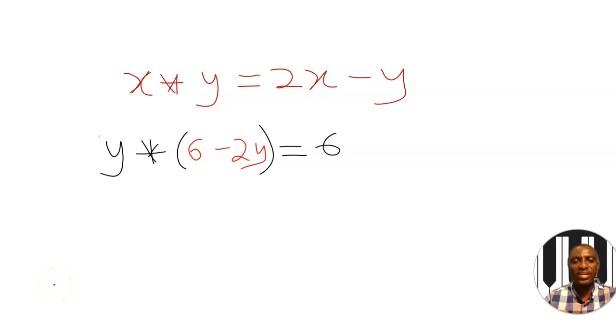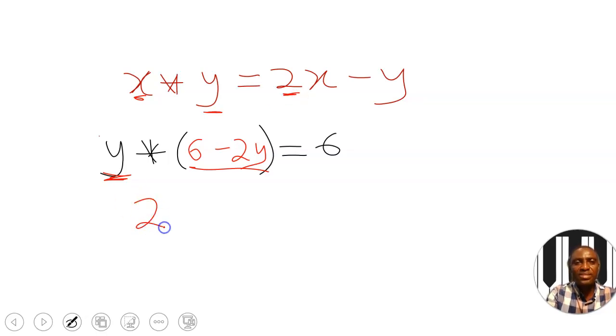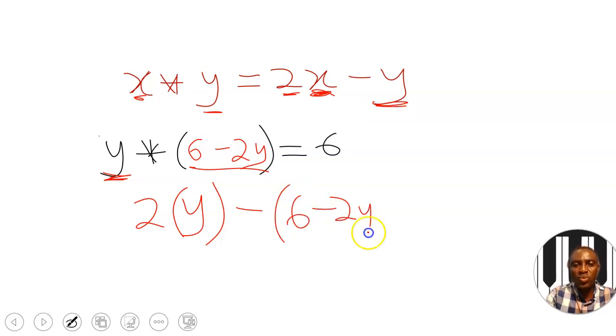The whole thing will look like this. So this is your y, your first number, which means your x now represents your y, and the whole of this represents your y. So by definition, you're going to have 2 times the first letter, which here becomes your y, minus the second whole letter, which now becomes 6 minus 2y.